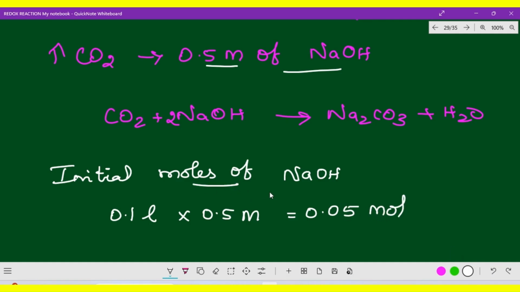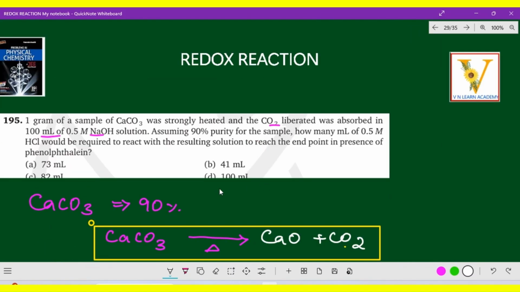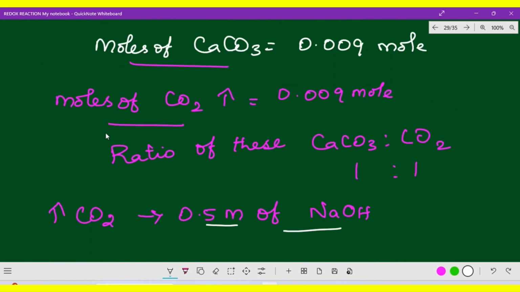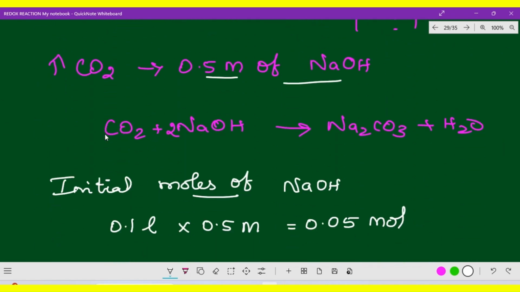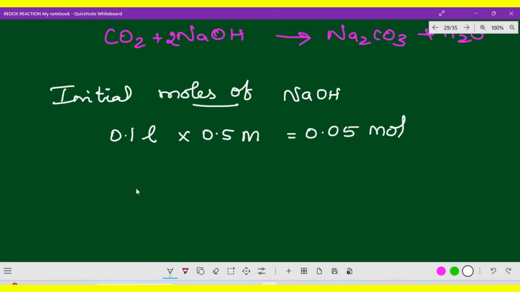In the question the volume of the solution is mentioned as 100 ml, that is 0.1 liter. I hope you got that idea. Number of moles equals volume into molarity, since molarity equals number of moles of solute divided by volume of solution in liter. So we get the moles.